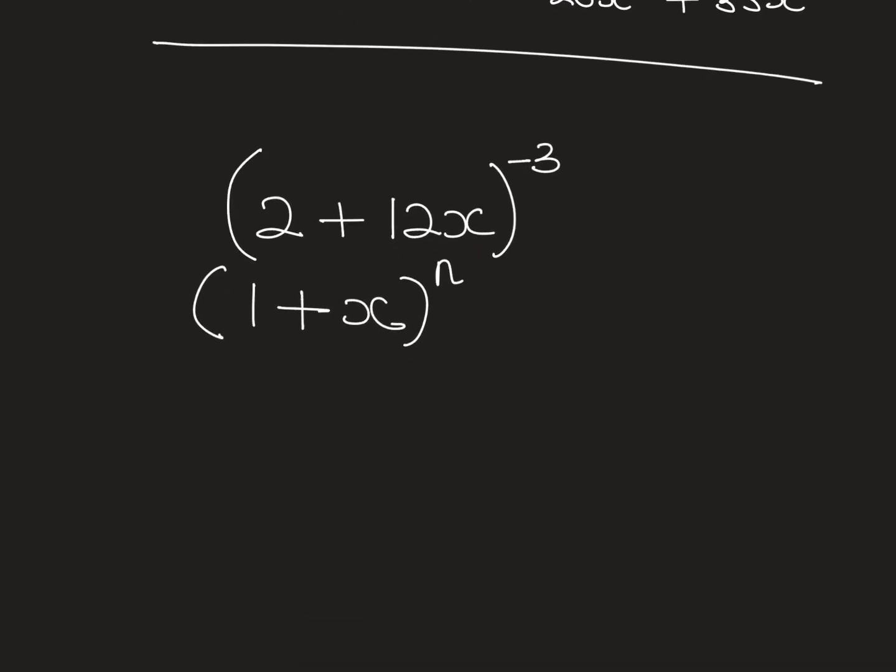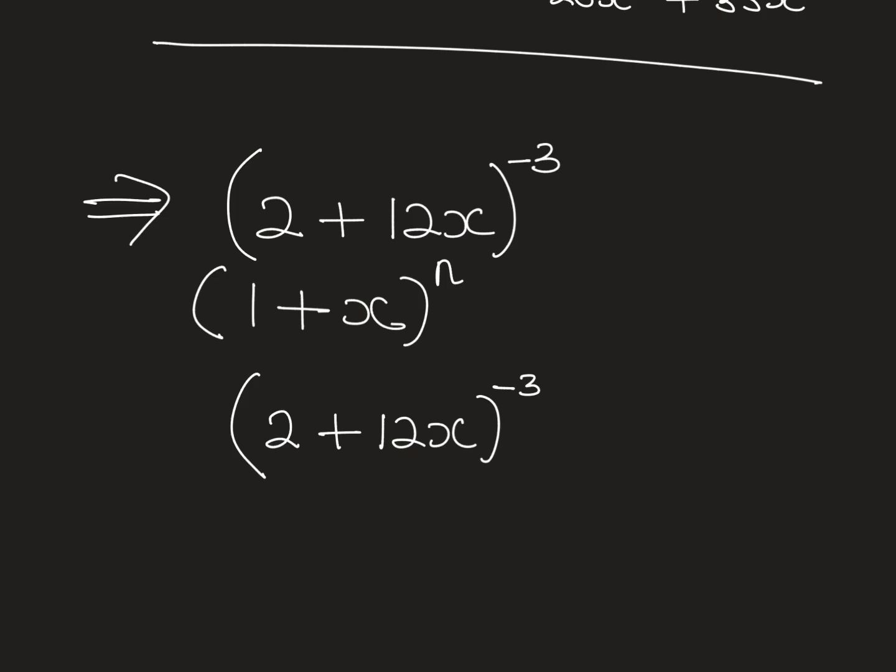Then what you have to do is, since this is the given binomial, you have to do your factorization first to make sure that the first binomial is 1. So if the given binomial is 2 plus 12x to the power minus 3, and I want to make sure that the first binomial is 1, I can do factorization.